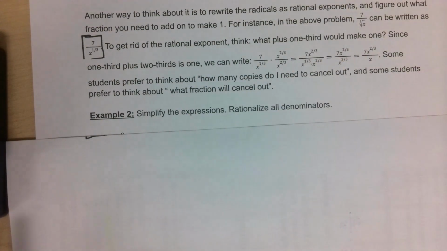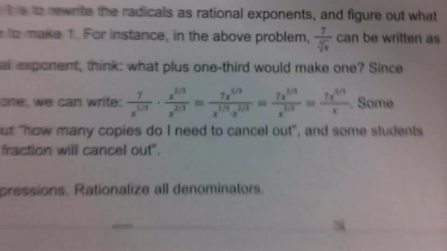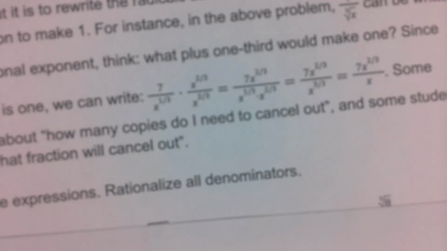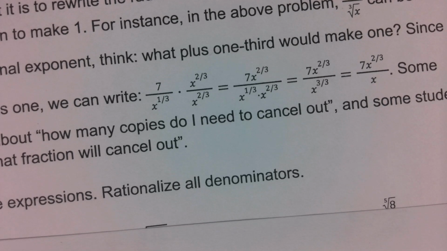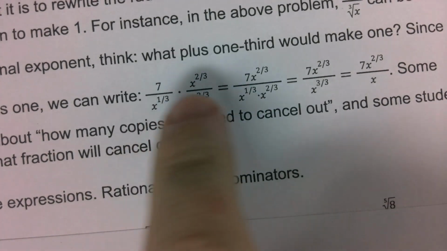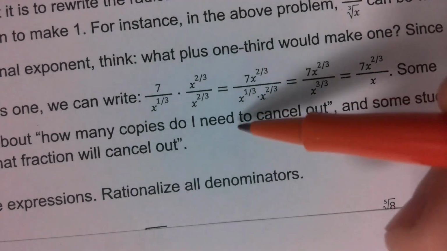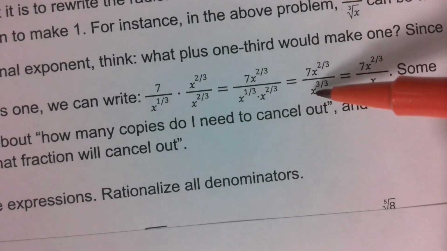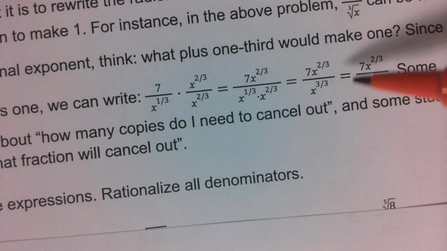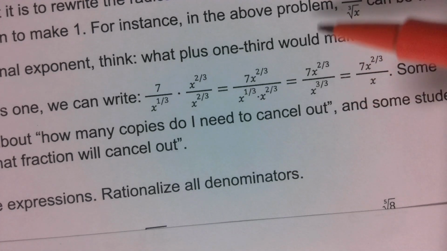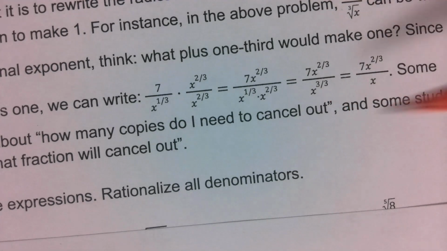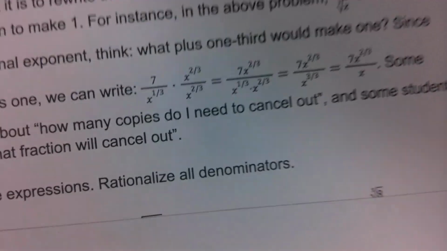So we can instead think about it as this. 7 over x to the 1/3 power. We need 2/3 more to make 3/3. We multiply both the top and bottom by x to the 2/3 power, because x to the 1/3 times x to the 2/3 is x to the 3/3, because of our exponent rules. And 3/3 is just 1. So that's why this rule works.